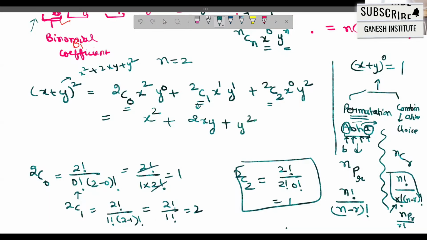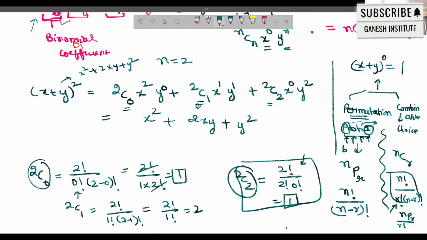Now, if you want to make this calculation quick, remember this fact. Are you stuck at this 2C2? Is this fine? So what is happening here? Can you see? I'll not do the calculation for NC0 and NCN because those will give me 1 only.